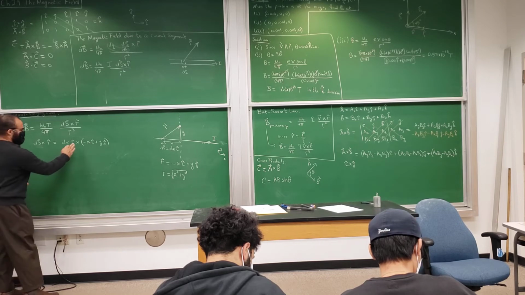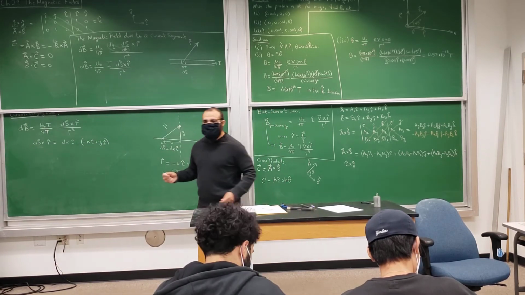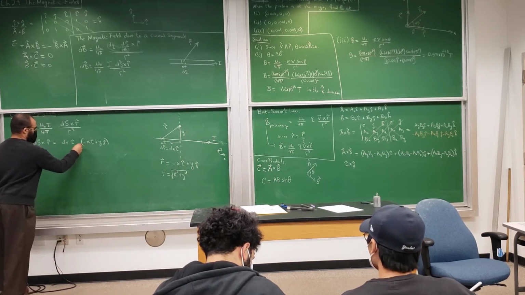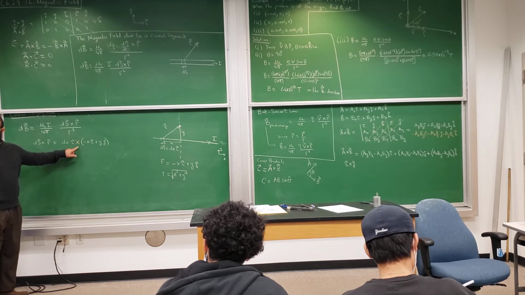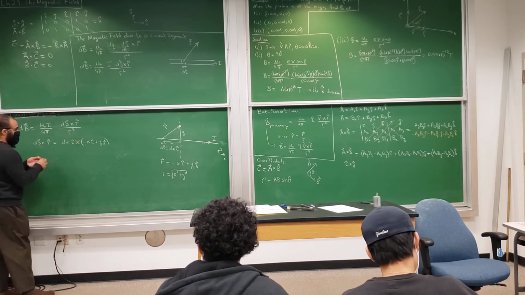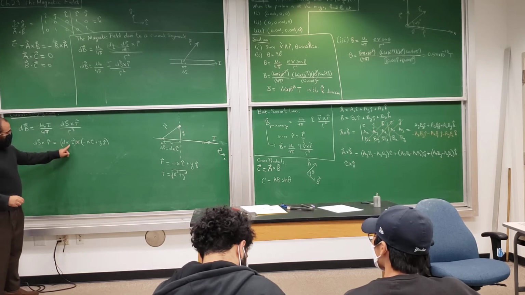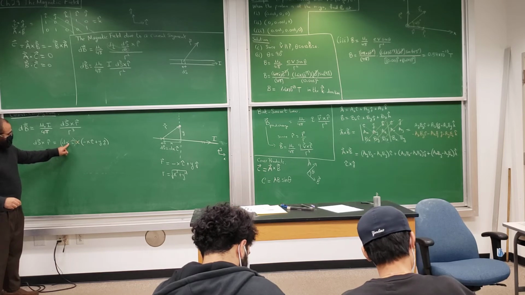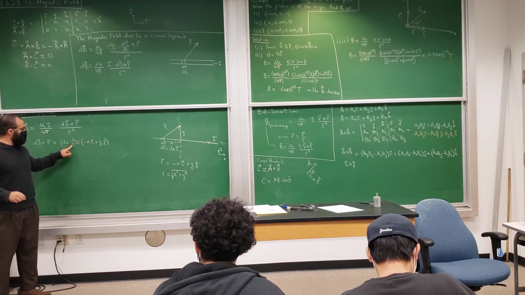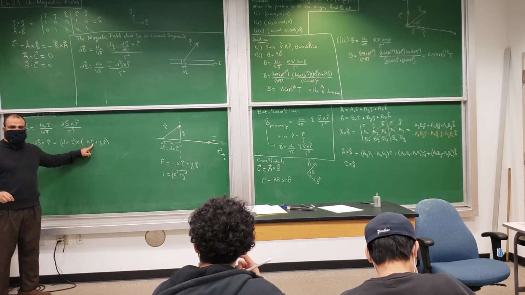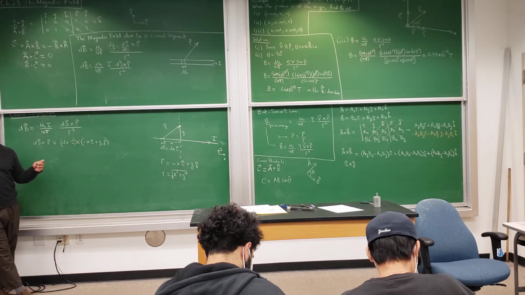Sorry, let me write my cross product in a different color, because my cross product looks like an x now, and we have the variable x. So the cross product, i hat with negative x i hat. What's the cross product of i hat with i hat? Zero.